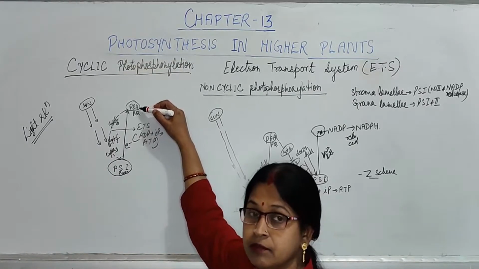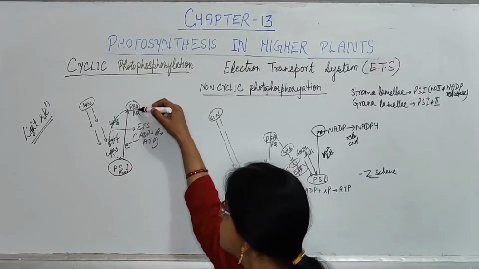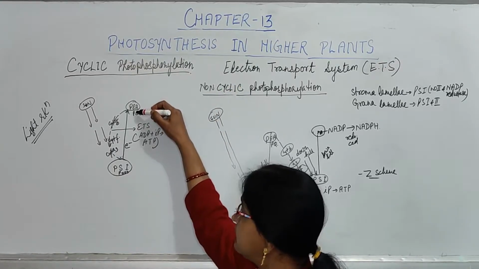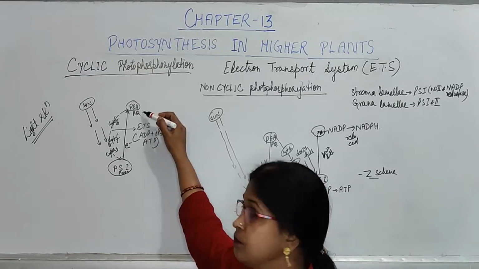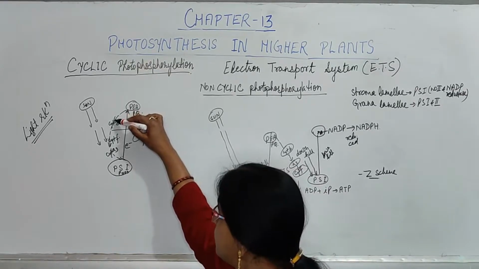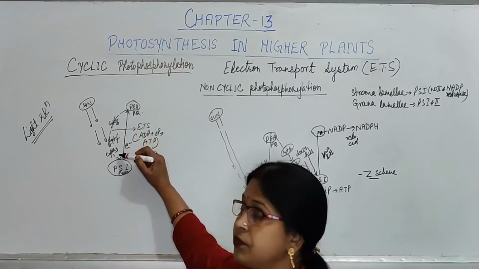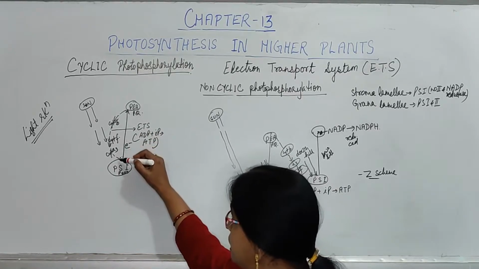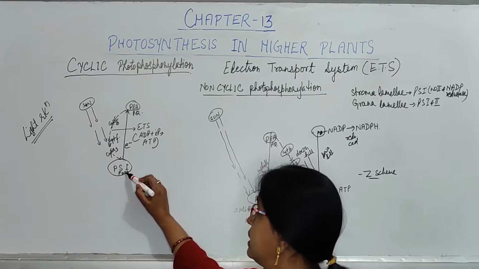Now it will give the electron to other elements of this electron transport system, that is another electron acceptor, and it becomes oxidized. In this way the electron will move through cytochrome B, F, A3, etc., and finally the electron will come back to pigment system 1, that is P700.